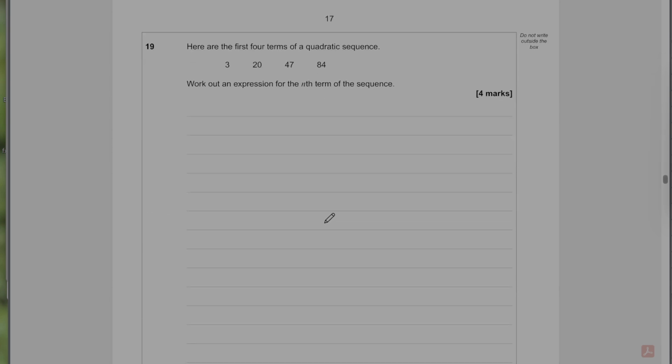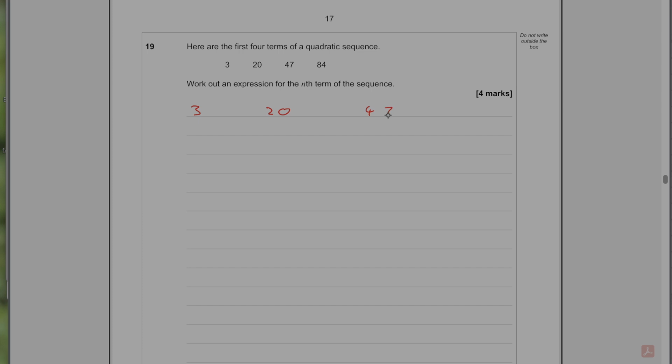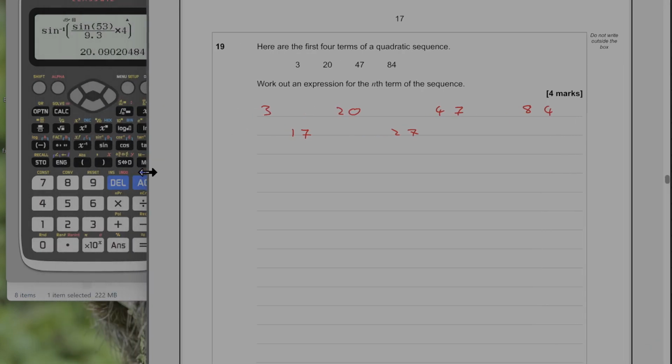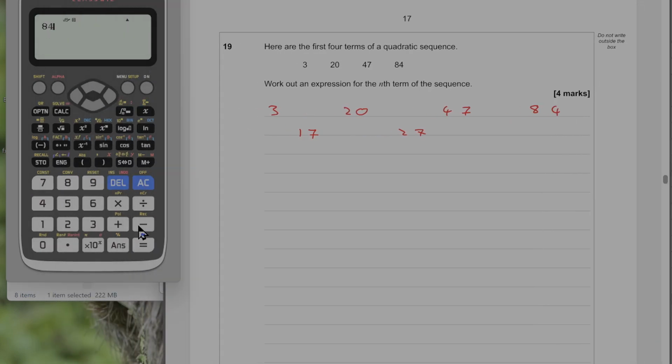Question 19. Here are the first 4 terms of a quadratic sequence. Work out an expression for the nth term of the sequence. Okay, quadratic sequence, it's the second differences that are going to give us our value. So that's going to be 17, 27, 37.